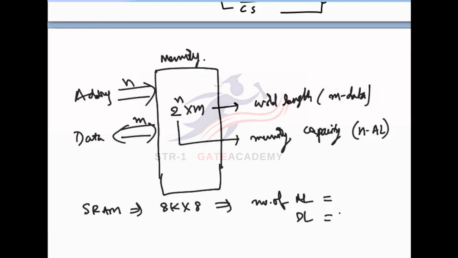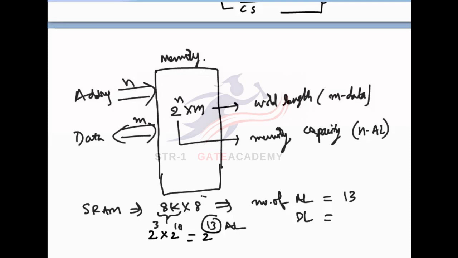See, I am writing this 8 kilo in terms of 2 power n. 8 is 2 power 3. Kilo is 2 power 10. So total is 2 power 13. This explains the number of address lines. So how many address lines does it have? 13 address lines.